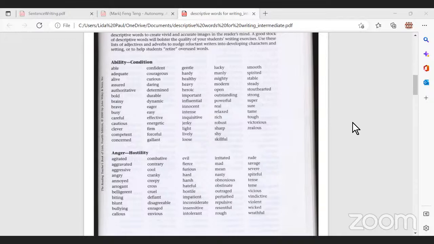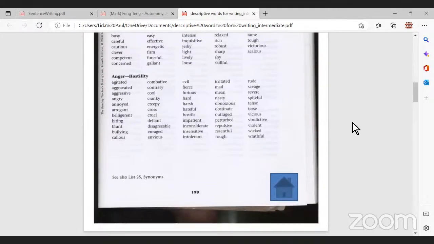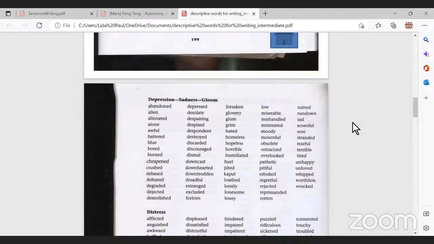So anger, expression of anger and hostility, ability and condition, all of these words are very handy to talk about your feelings, right? Hostile feelings: annoyed, aggressive, agitated, combative, furious, impatient, inconsiderate, vindictive, obnoxious. Another thing is showing sadness, gloom, and depression.